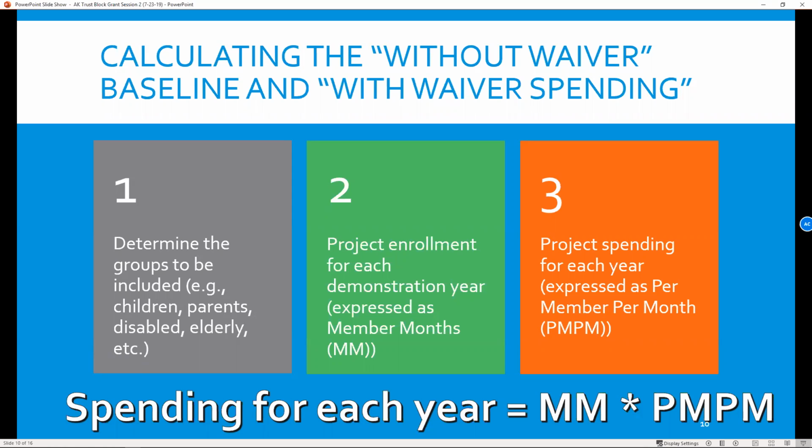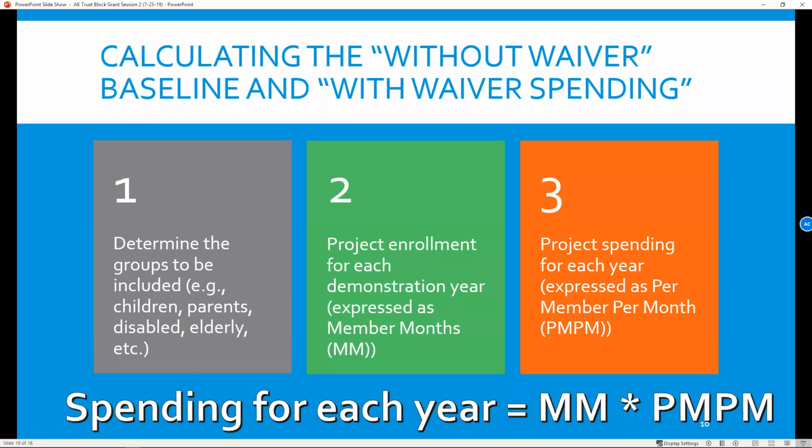How many months per year will enrollees be eligible for benefits? Because of course there's turnover, and so not everybody's eligible for 12 months of a year. But you can see that over time, and you can see that some populations turn over more than others.